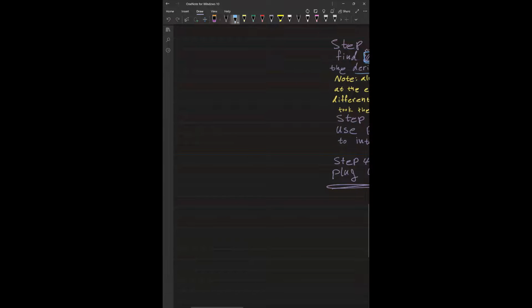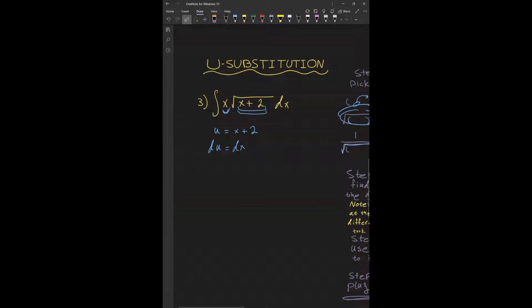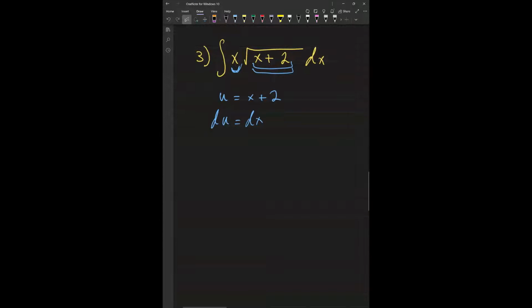Well, how is that? Basically, we're going to find this x, which is this one right here. So x equals u minus 2, isn't it? So this is basically what x is. Now everything is covered. Now we're good.